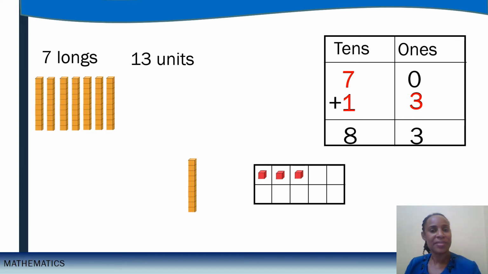Boys and girls, can you read the number on the place value mat with me? Great. The number is 83. 8 tens and 3 ones. So there we have it. 7 longs and 13 units has a value of 8 tens and 3 ones, which is the same as 83.